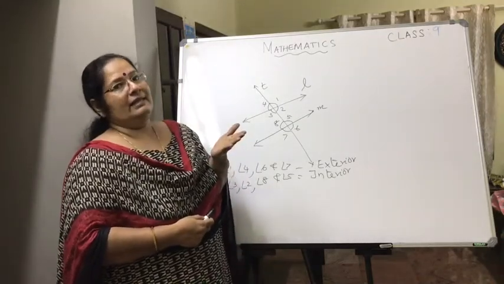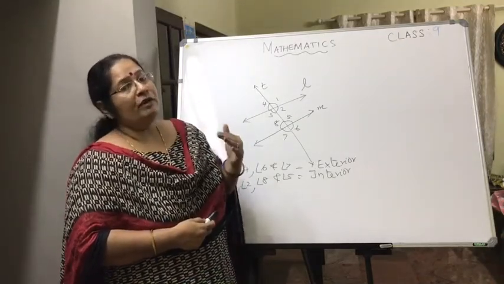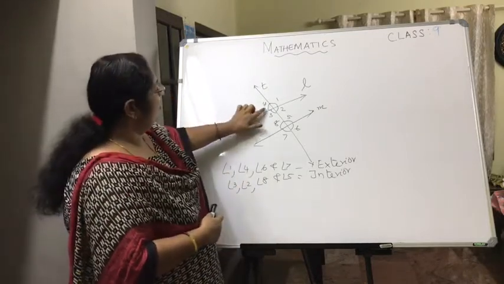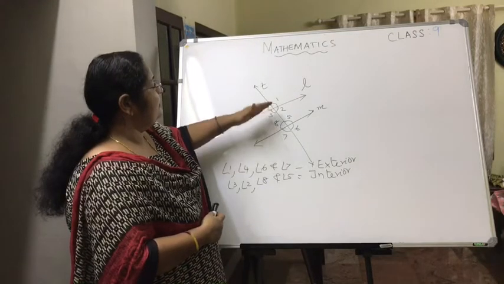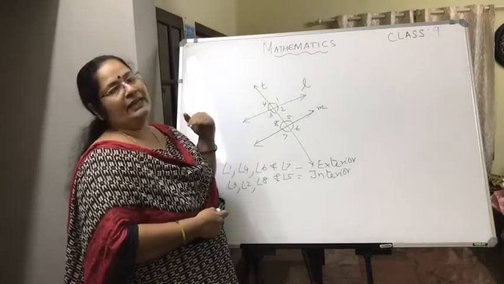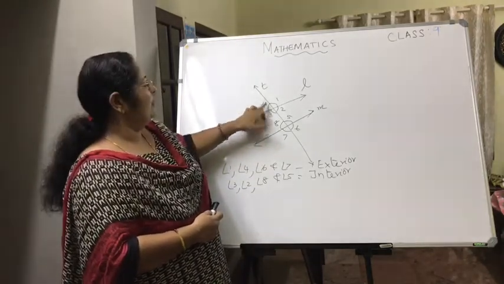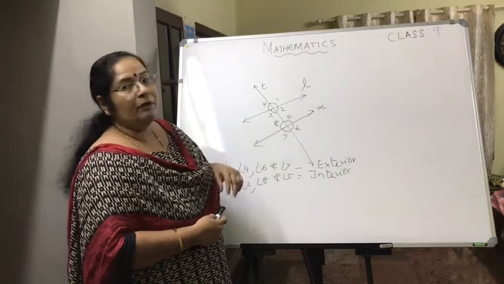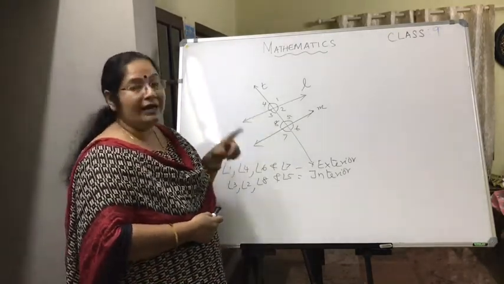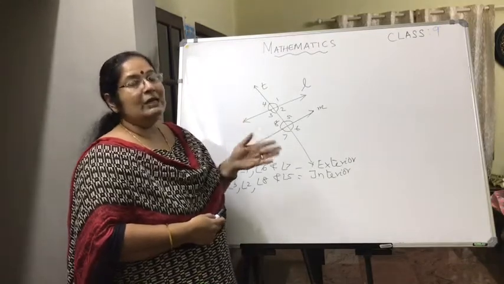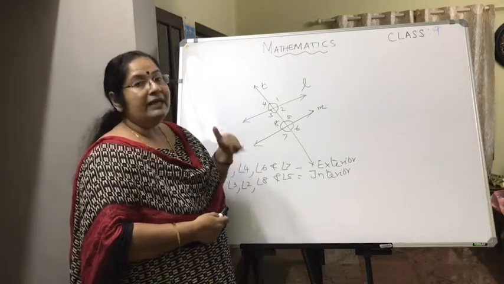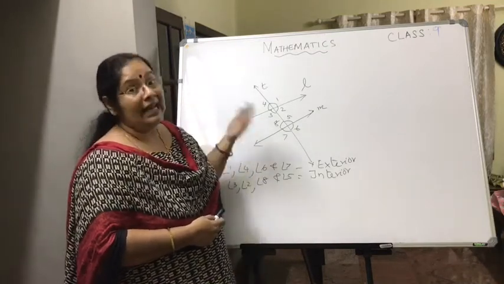Something more is common for angle 4 and angle 8. Both these angles are placed on top of the lines L and M. See, 4 is on top of L, 8 is on top of M. So 2 things are common: both are placed on the same side of the transversal, and both are placed above the given lines.